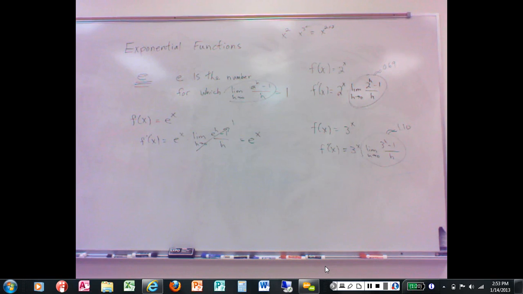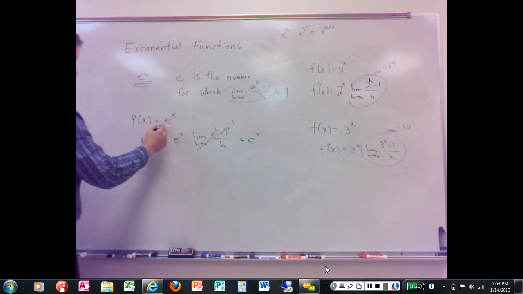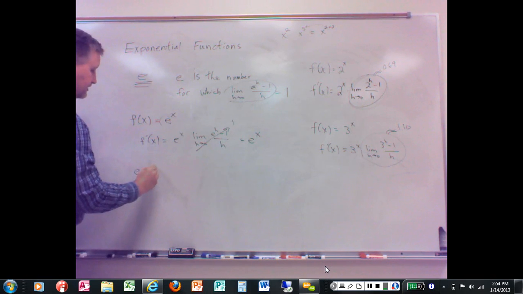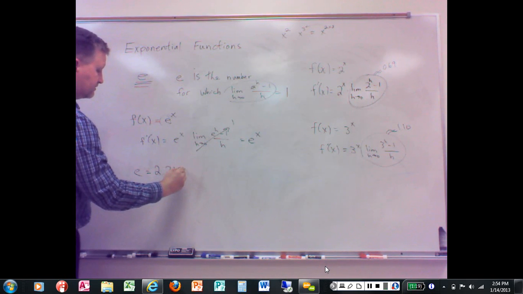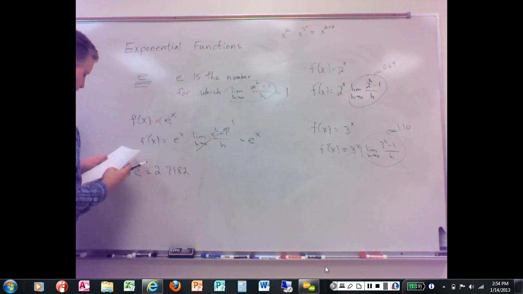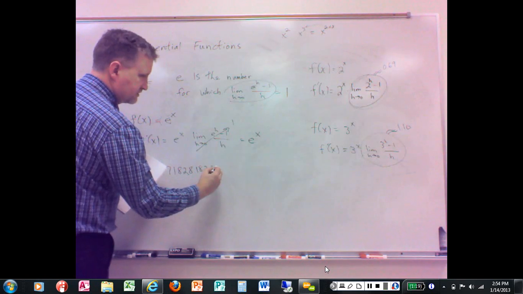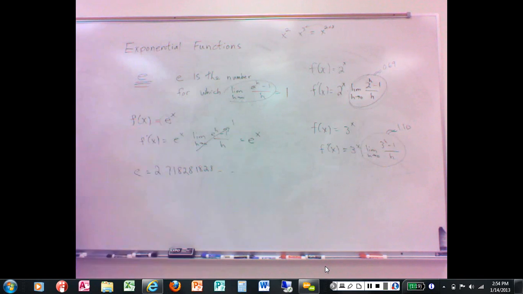All right. Now, we usually think of e in terms of a number, and it is an actual number, isn't it? It's kind of like pi. Pi is 3.1415, blah, blah, blah. E is, does anybody know it? E is 2.718. 1828, and then 1828, but then it's something else.